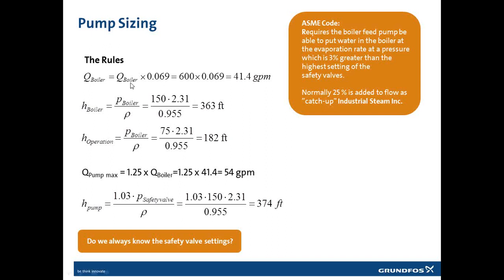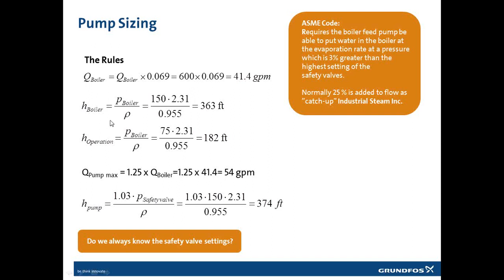We have some rules of thumb when we are calculating on boiler feed, and that is also from ASME codes that I have. To calculate the flow to my boiler, I have a standard factor called 0.069 and multiply that with the horsepower of the boiler, and then I get the flow: 41.4 gallons per minute.